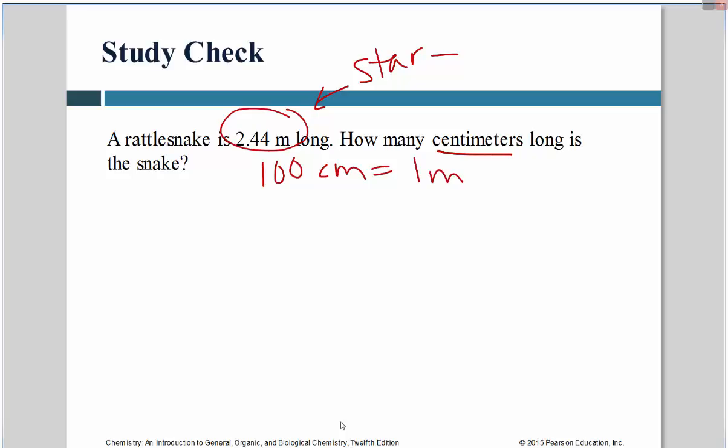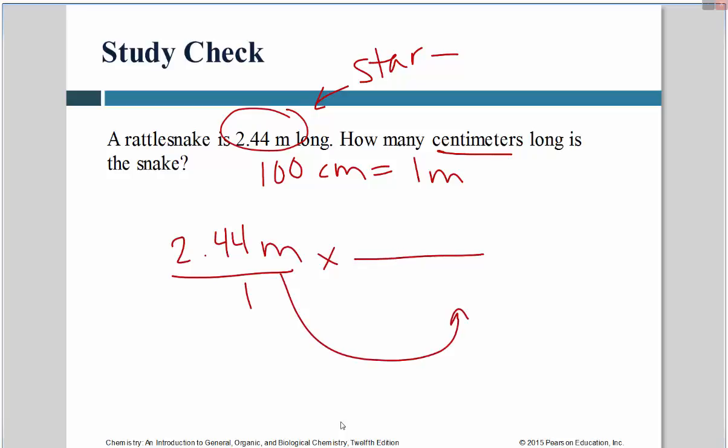So 2.44 meters is our starting point, so that goes over 1. We have meters on top. We want to have meters on bottom. Notice the number 1 is on the same side of the equal sign as the M. So those two things go together. That's equal, which means that's the line, to 100 centimeters.